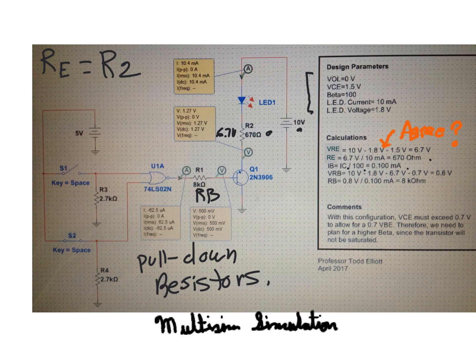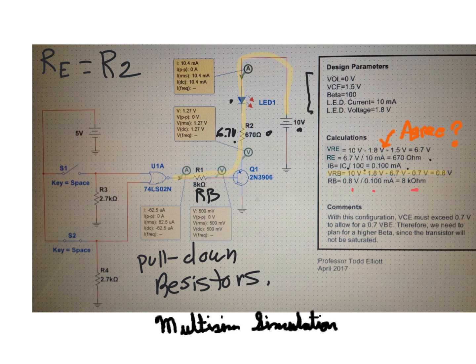It's going to be the 10 volts minus the LED voltage minus VR2 minus VBE, right? And then the value of RB is very simply VRB, which is 0.8, divided by the current, which is 8 kilo ohms.